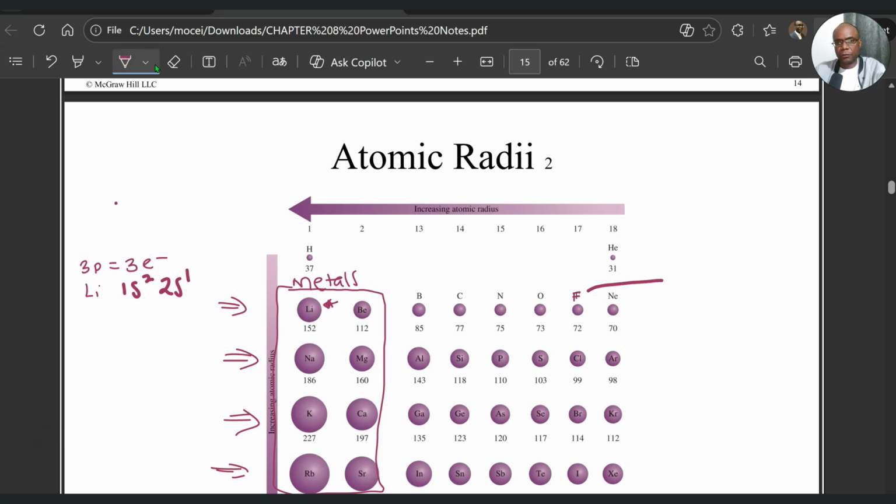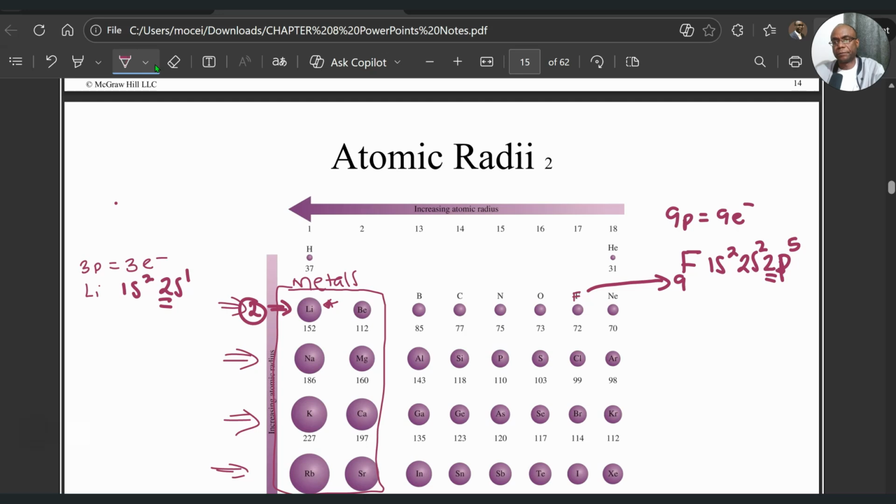Now compare that to fluorine. Fluorine has atomic number 9, which means it's going to have 9 protons, 9 electrons. Electronic configuration is 1s2, 2s2, 2p5. Now, the main thing here is for you to see that both of them, lithium and fluorine, are in the second period.